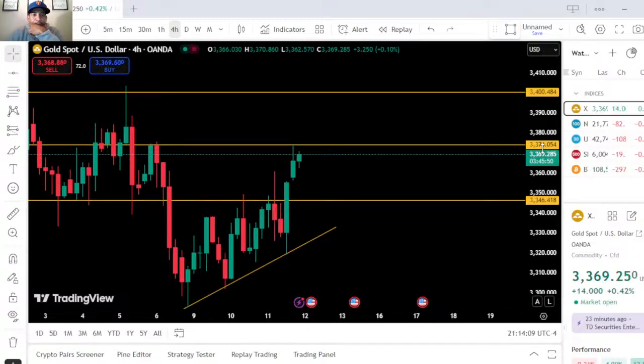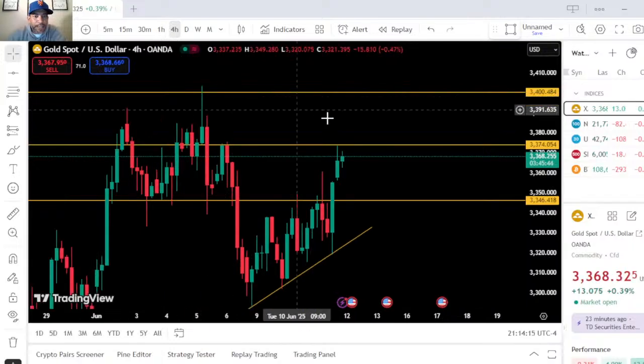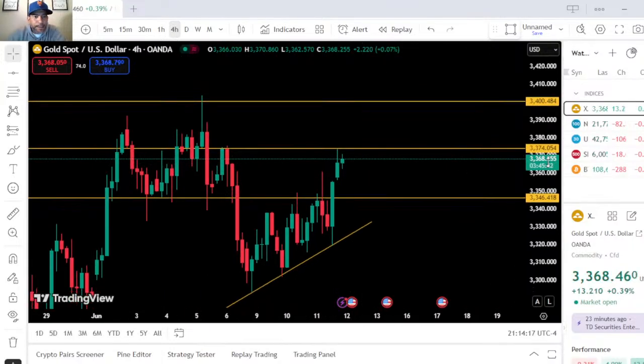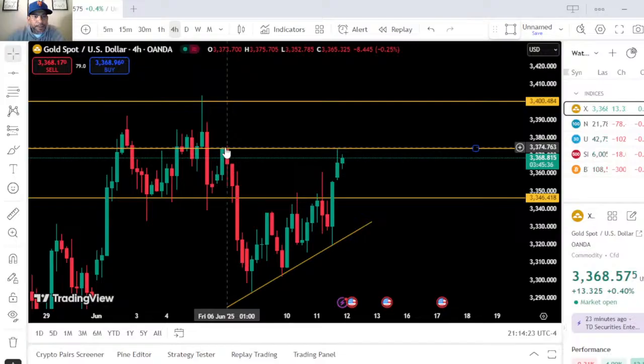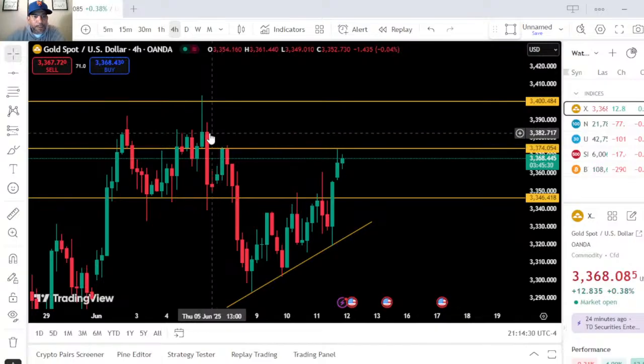I think patience will pay off eventually. In a case like this, this is the 1 hour resistance here. This is the daily high target, and then 4 hour resistance will be up here.